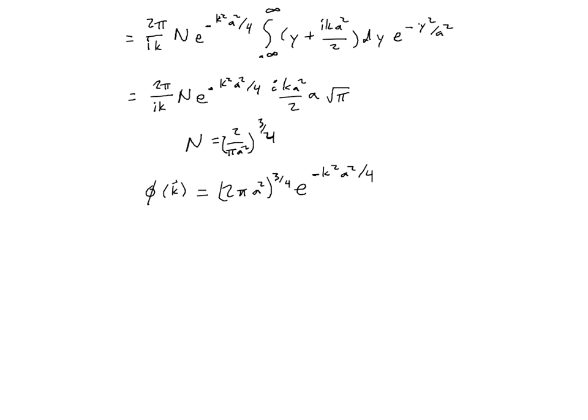So basically, what that says is that the Fourier transform of a Gaussian is another Gaussian, first off. And secondly, the narrower the distribution of one of them, the broader the distribution is of the other.